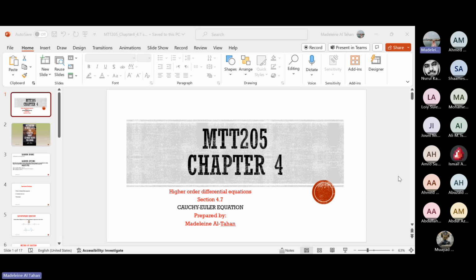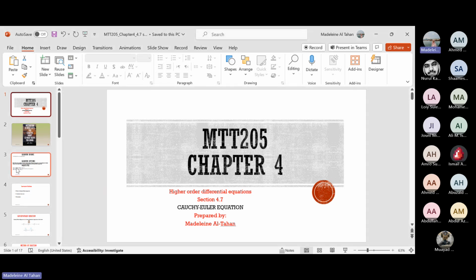Now we have only one more section in chapter 4. The exam covers chapter 3, which is only one section, and chapter 4. What's left in chapter 4? We are still in higher order differential equations, but this one is the Cauchy-Euler equation. If you still remember in the previous lectures, we were concerned with differential equations with constant coefficients.